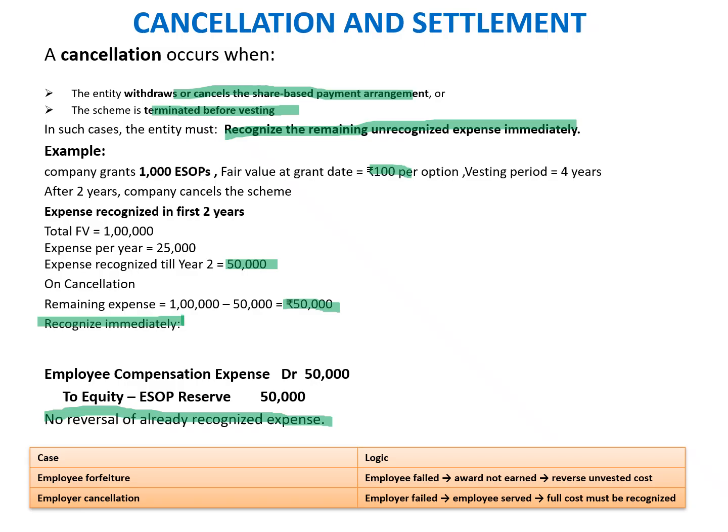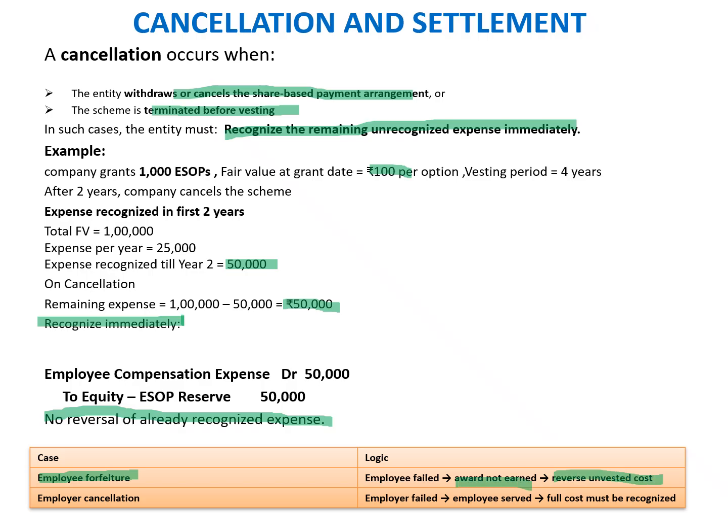But the situation would be different when the cancellation is because of an issue from the employee. Let's say the employee has not completed the vesting period and has exited the organization. If there is employee forfeiture, for example the shares were issued but forfeited because the employee has not met the vesting condition, then the award is not earned, so reverse the unvested cost.